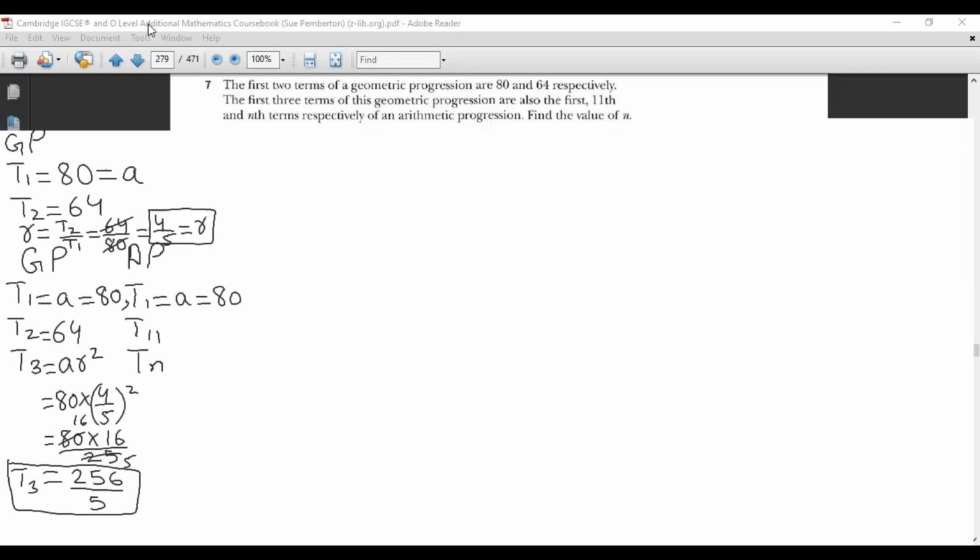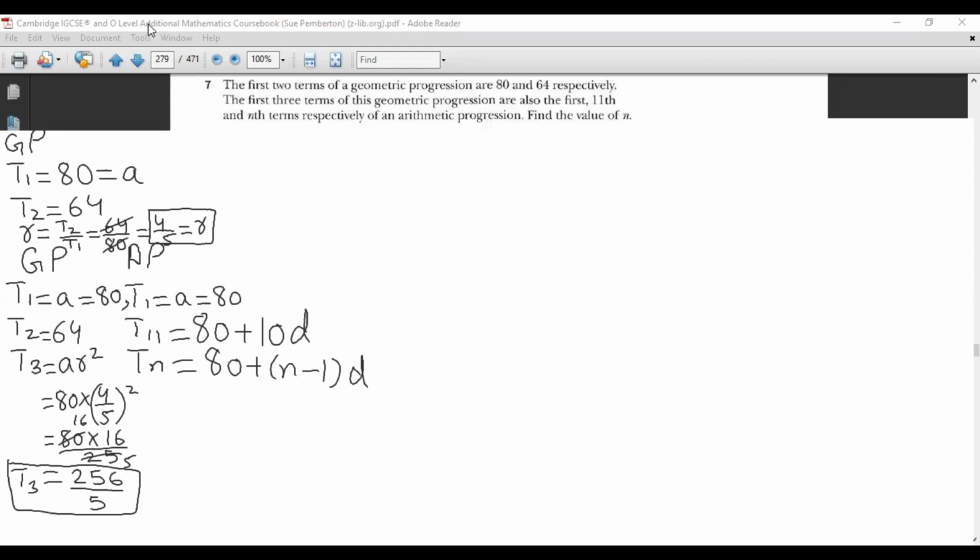Now T11 in the AP will be A, which is 80, plus 10D. And for Tn, it will be 80 plus n minus 1 into D. This is the scenario we have got.